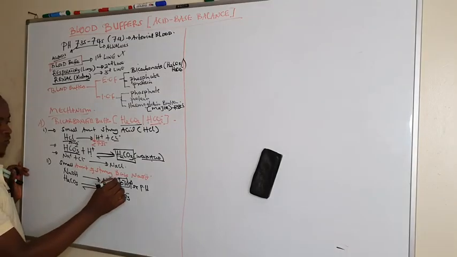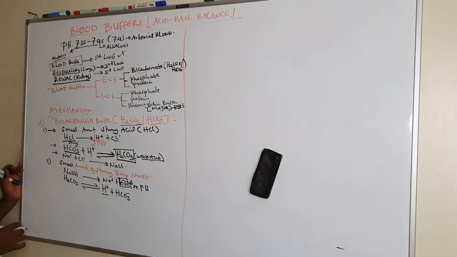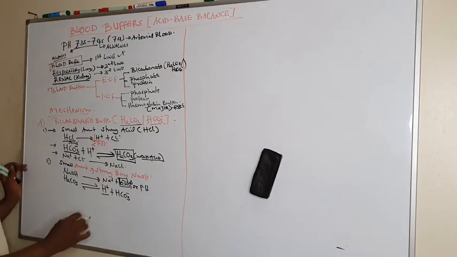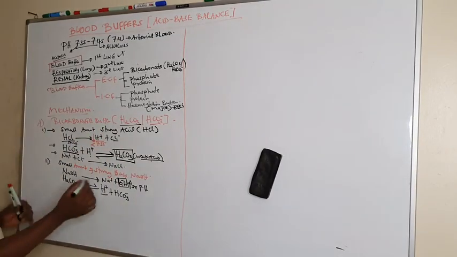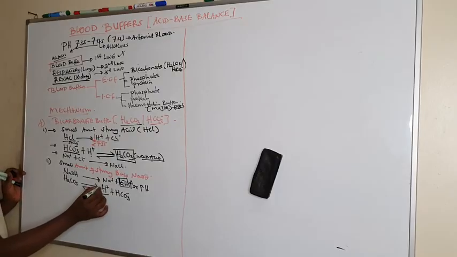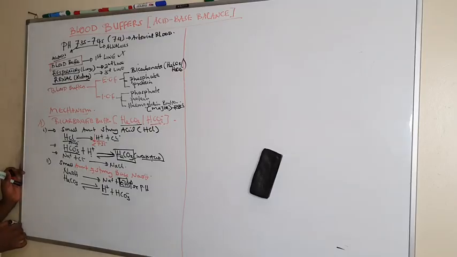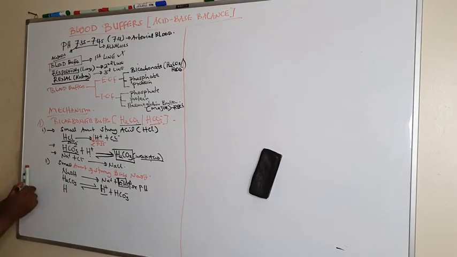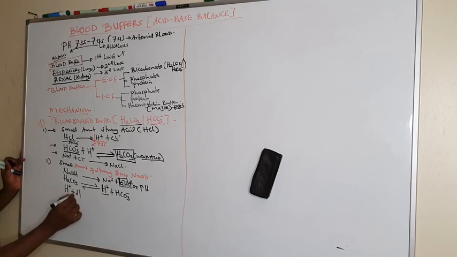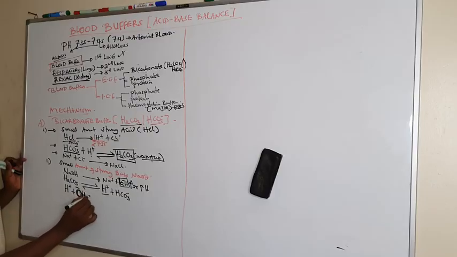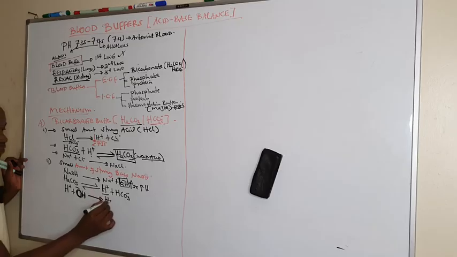If there was no liberation of the hydrogen ions, these hydroxyl ions would remain in the body and increase the pH, making it alkaline. But we thank God for the liberation of the hydrogen ions from the weak carbonic acid. These hydrogen ions come and combine with the hydroxyl ions, which would have increased the pH, forming water.